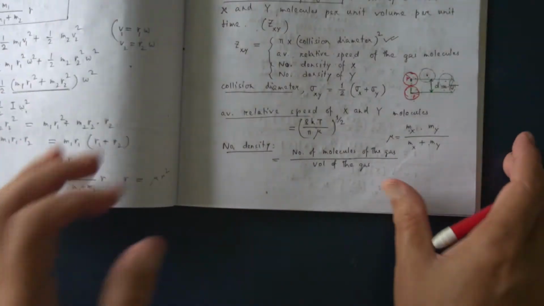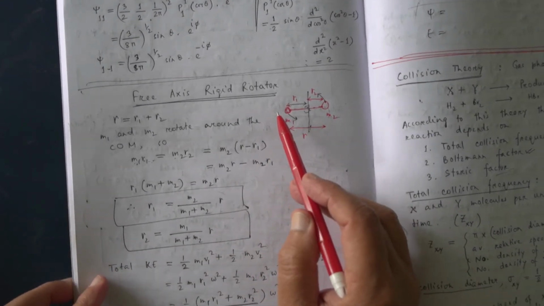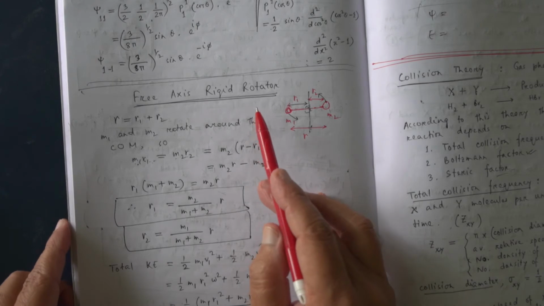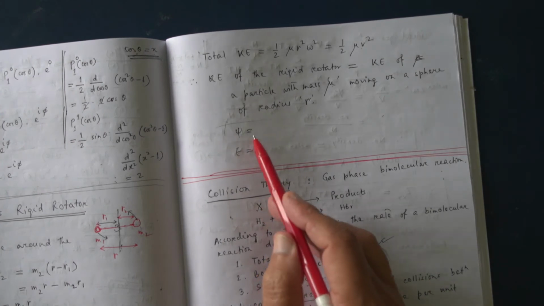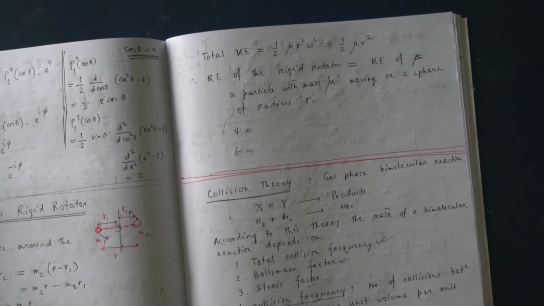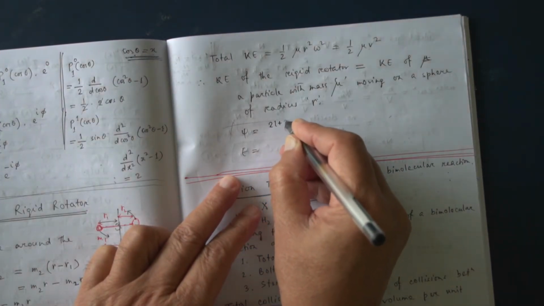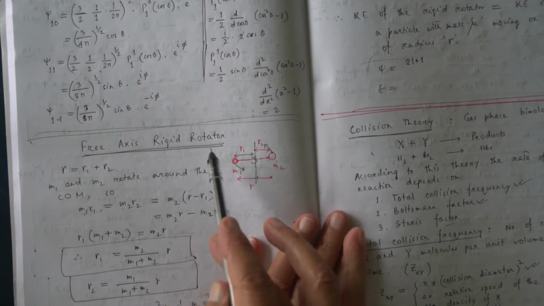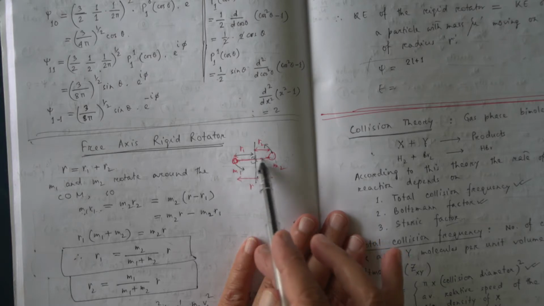Next, we discussed the free axis rigid rotor, and we have seen that the wave function and energy are exactly the same as those of the particle on a sphere. Rigid rotor means the bond distance is constant and does not change.